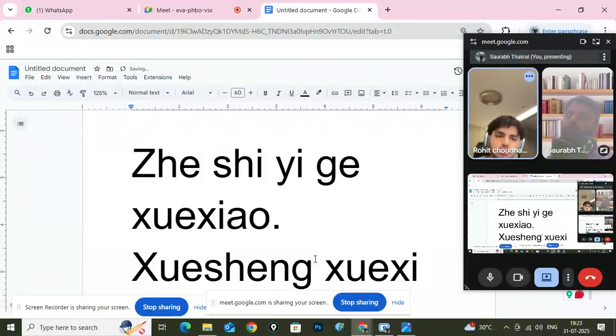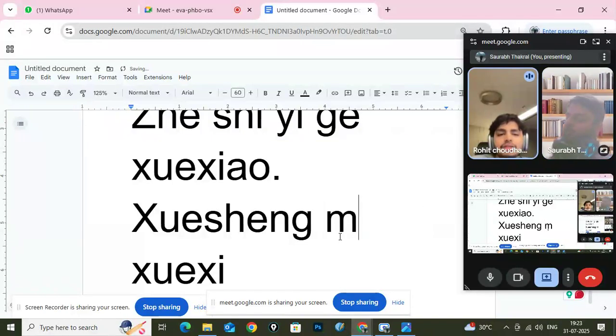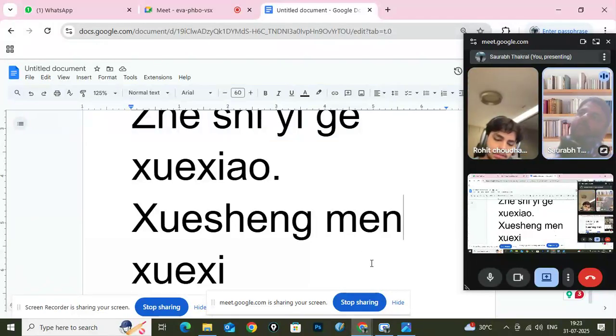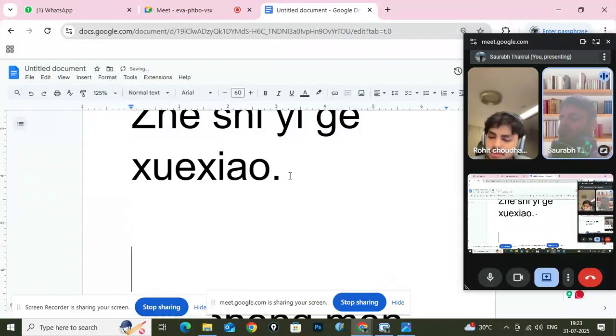Right. So that would simply mean student study. We can also make it plural because we have to say students. So we can say xuesheng men. Zai we cannot add because zai is for location. Uh, yes, it is also for ongoing action. It is also for ongoing action.